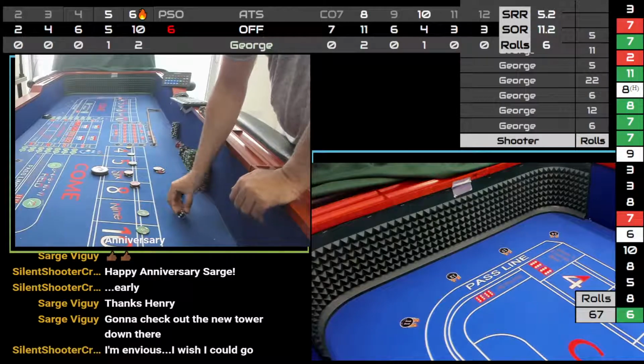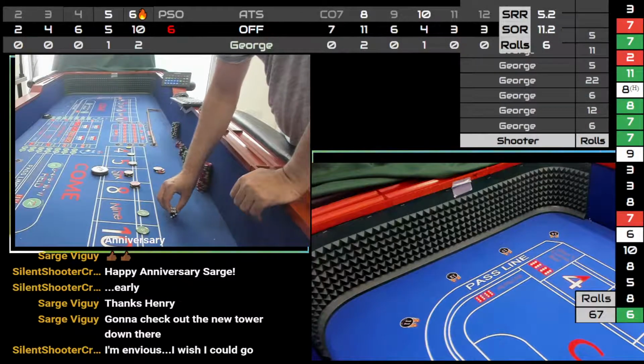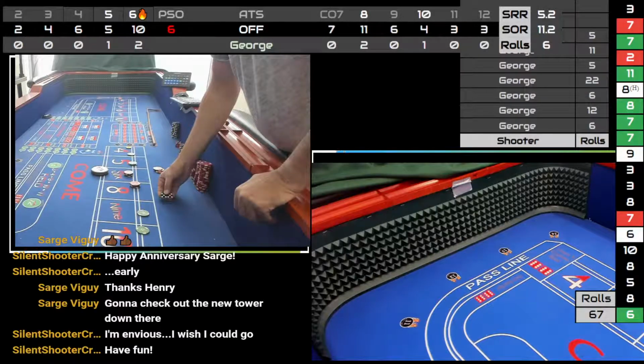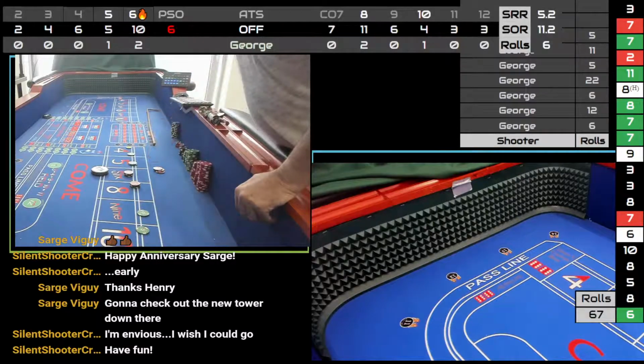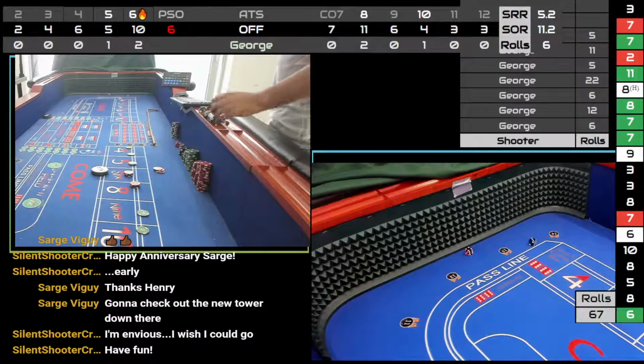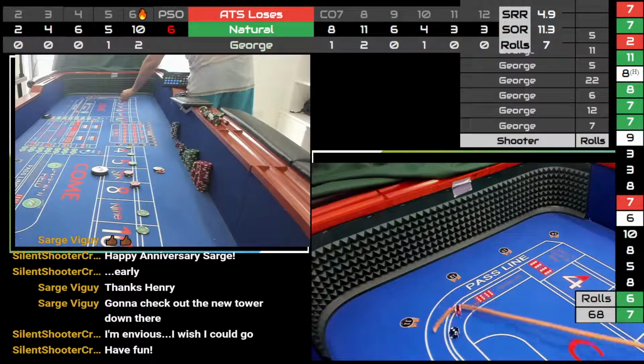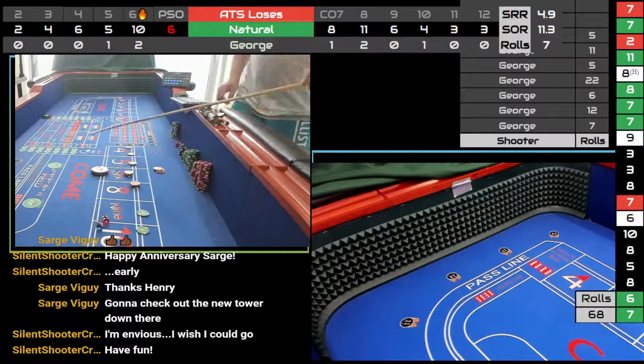Four and 5 working. See if we get some predictability. 3, 1, 4 or 4, 1, 5. No, 3, 4, 7. That's implosion.